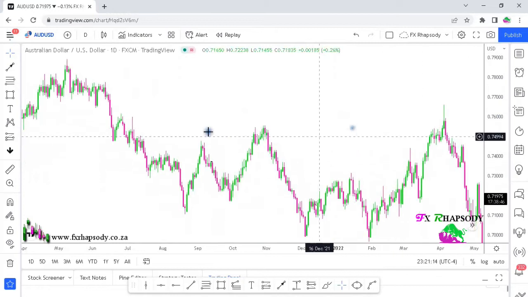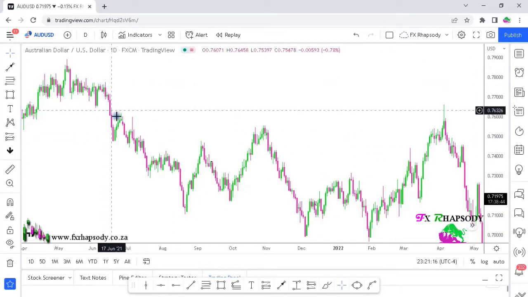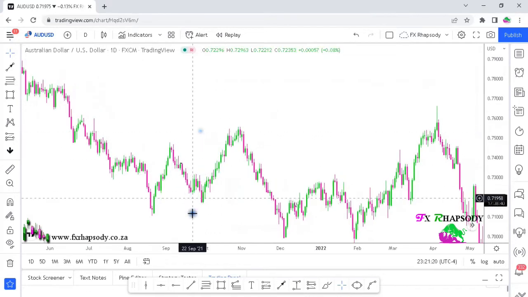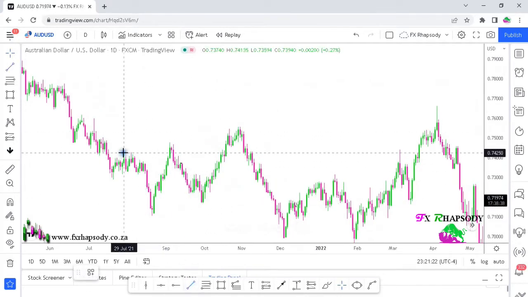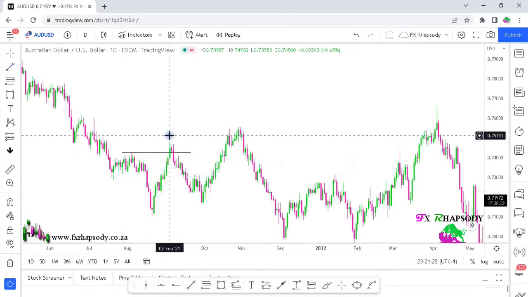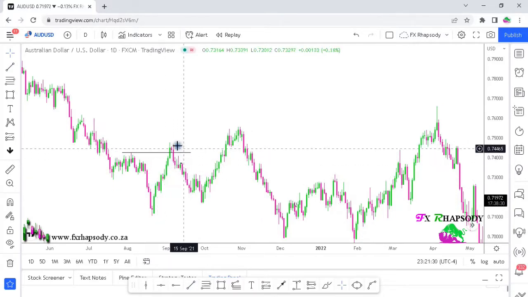You can see price going down on this movement, and then you can see price retracing up. So every time there's a retracement, price is hunting liquidity. This is a daily time frame, so there's lots of liquidity lying just above that. And as you can see, as liquidity is being hunted, price moves down, going up again.